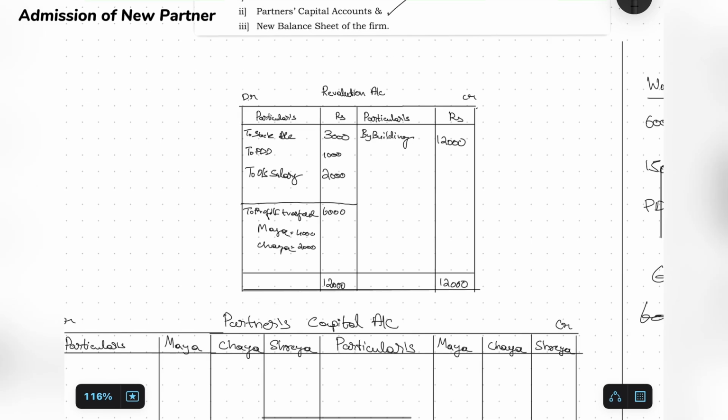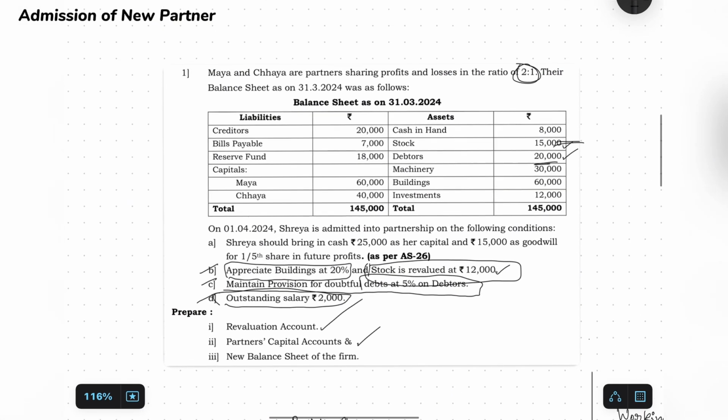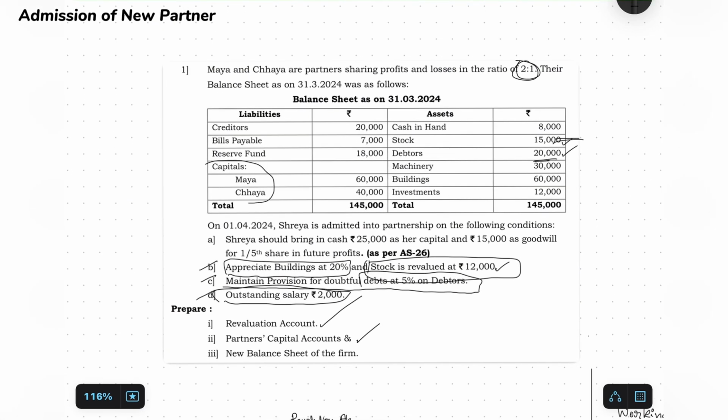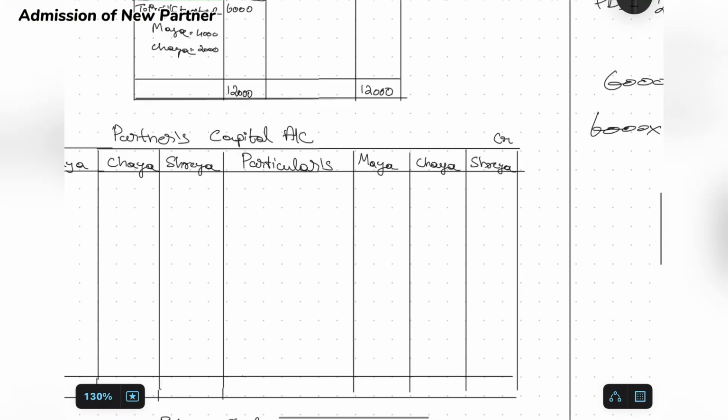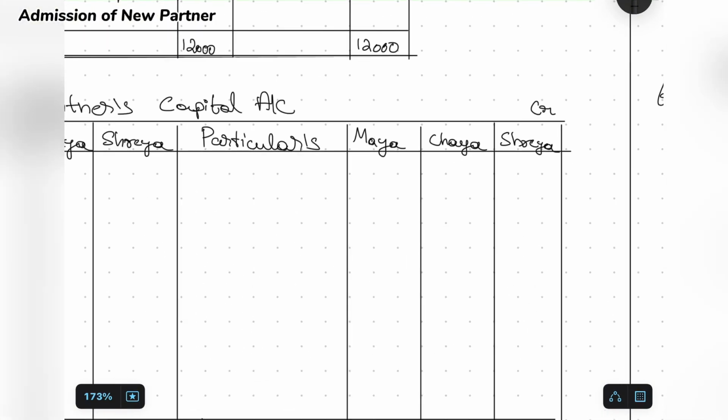Okay, so we'll come to the question. Here we can see the capitals of Maya and Chaya. Always make sure in the partners' capital account that we make the entry of the capital balances of the old partners, that is Maya and Chaya, by balance brought down.